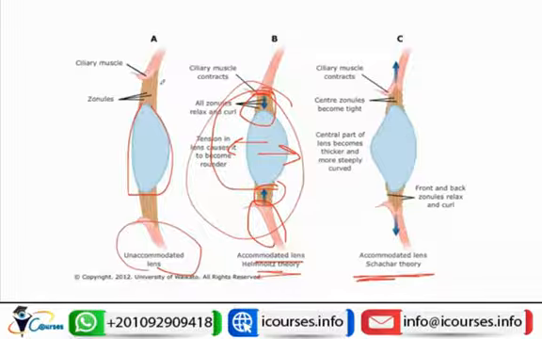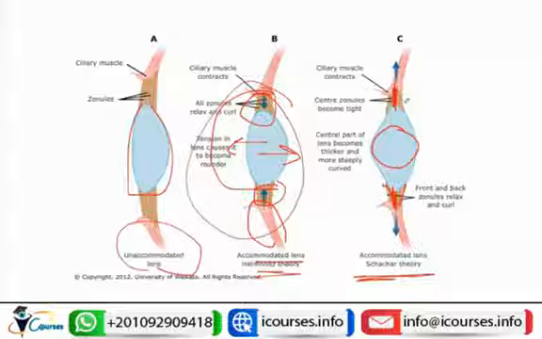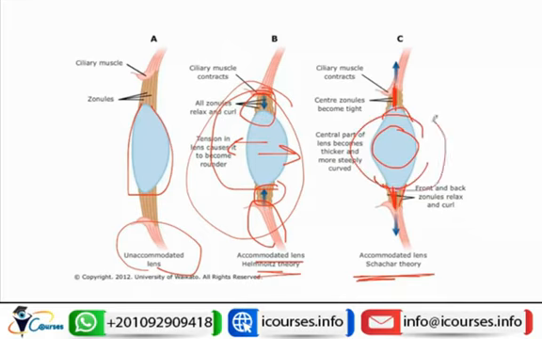Again, unlike the Helmholtz theory, the central zonule become tight, and the peripheral zonule, anterior and posterior, become relaxed, so that the central zonule that become tight cause the central part of the lens to bulge, and the peripheral zonule, which are anterior and posterior, become more relaxed, causing flattening of the lens periphery, and that's what makes the lens assume this globular shape.